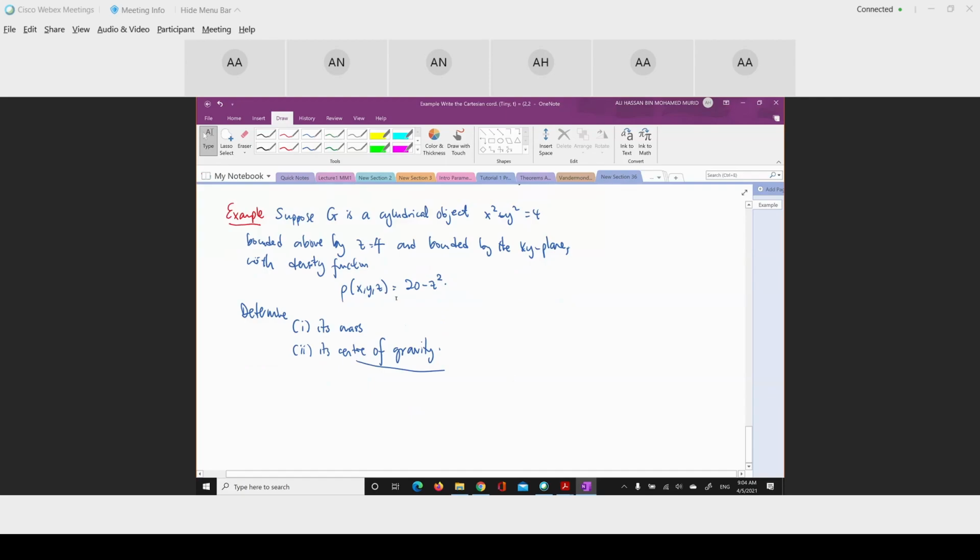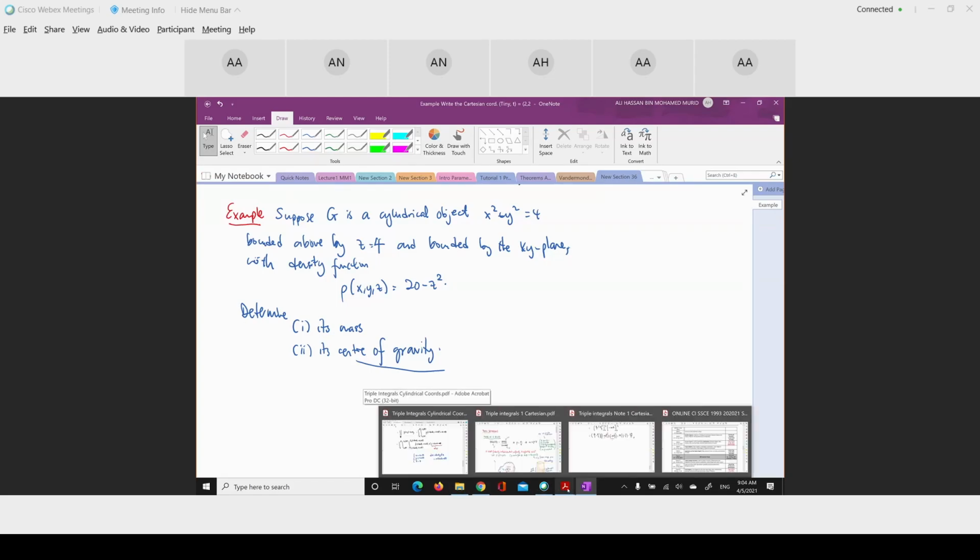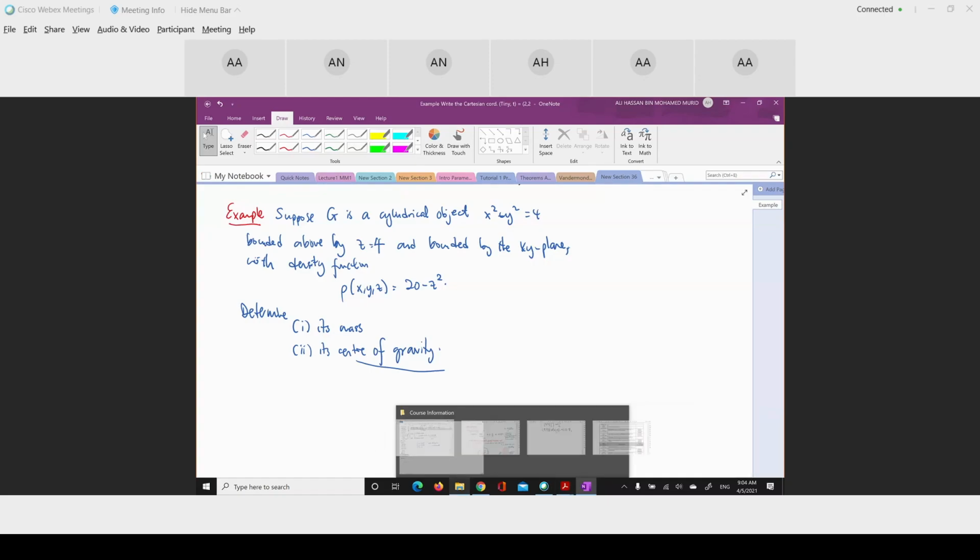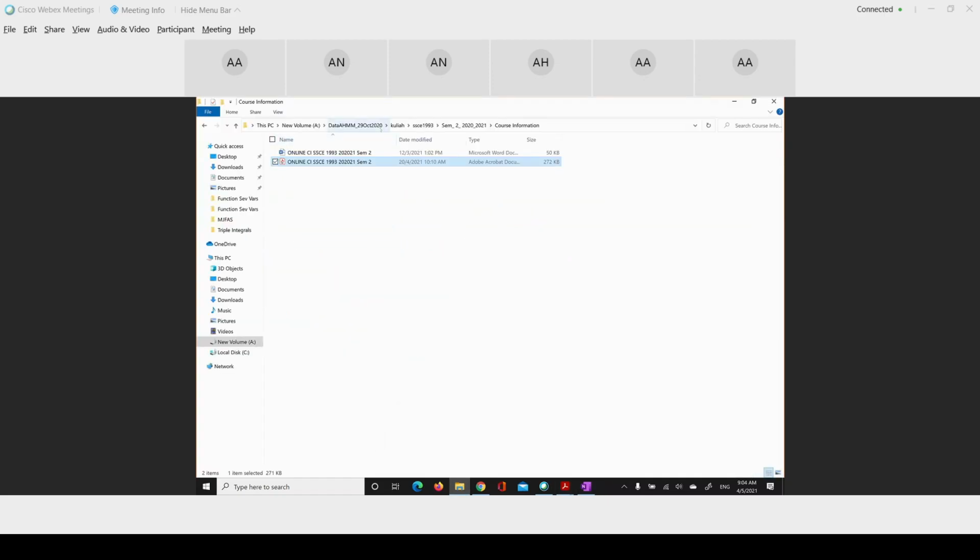You have discussed mass and center of gravity before, right? So let's recall those formulas. The mass, center of gravity. Where did we discuss it? I need a reading glass, you know.